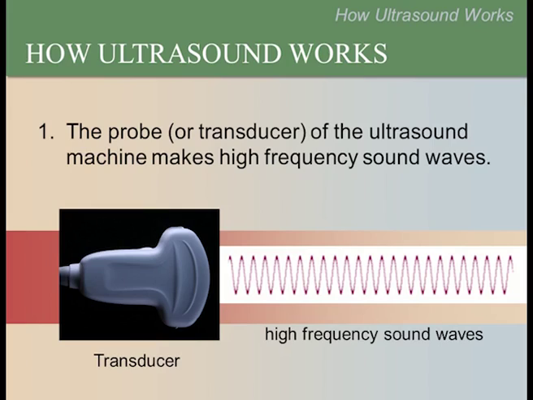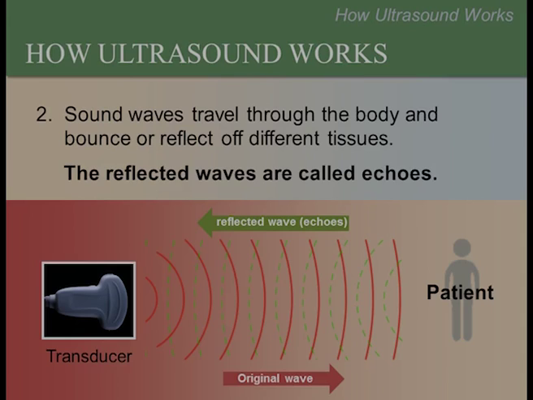The process to create an ultrasound image is fairly simple. First, the transducer produces high-frequency sound waves that the human ear cannot hear. Those sound waves travel through the body and bounce off different tissues. In this diagram, the transducer is on the left and the patient is on the right.